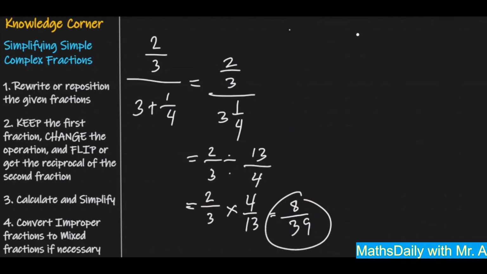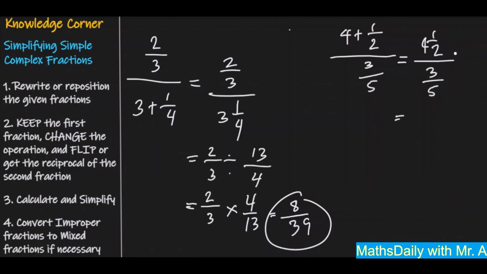Okay, another example. Let's have 4 plus 1/2 divided by 3/5. This is equal to 4 and 1/2 divided by 3/5. Convert the mixed fraction. 2 times 4 is 8 plus 1 is 9. This is equal to 9/2 divided by 3/5. 9/2 times 5/3.